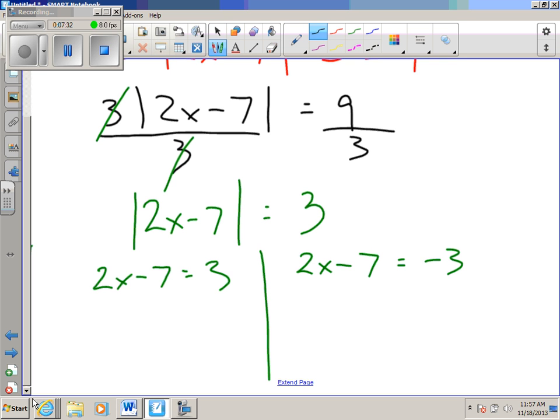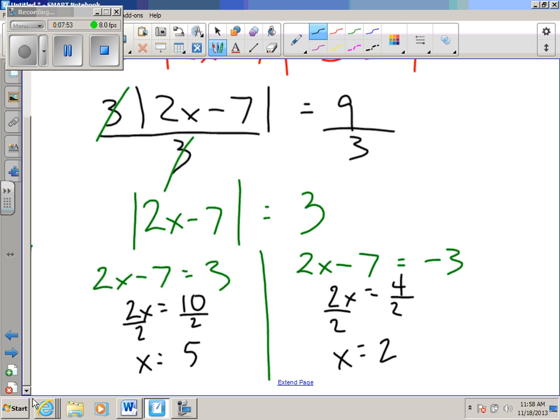Add 7 to both sides. 2x equals 10. Divide both by 2. X equals 5. Add 7 to both sides. 2x equals 4. Divide both by 2. X equals 2.